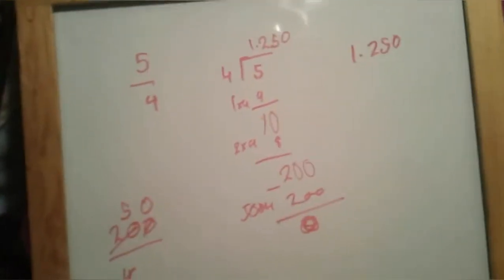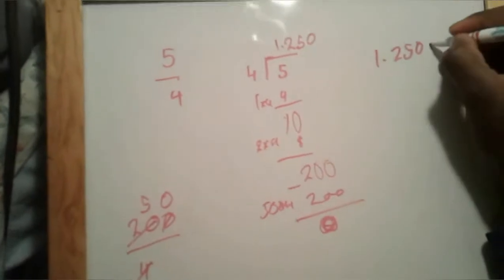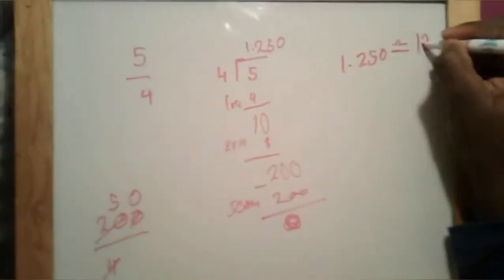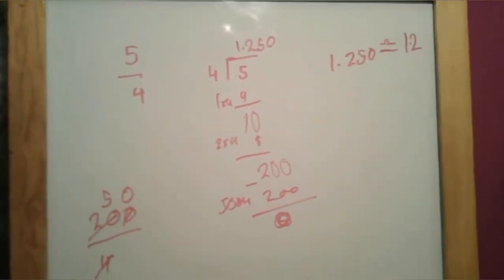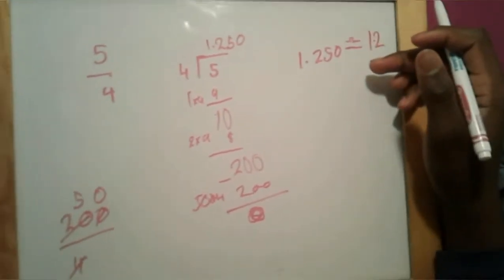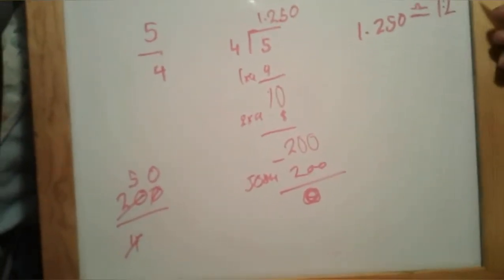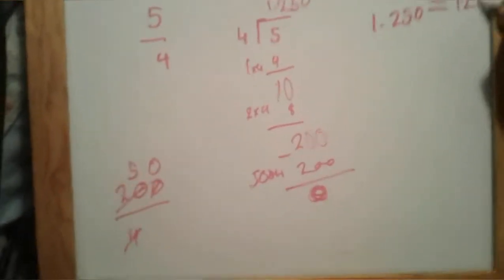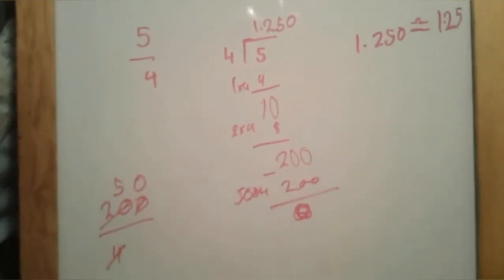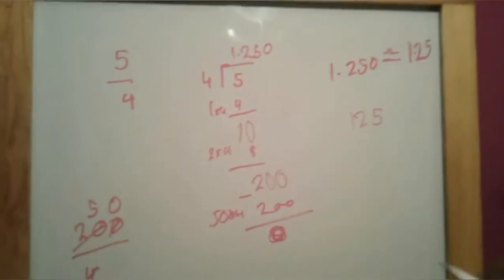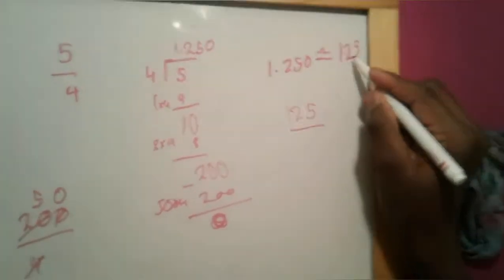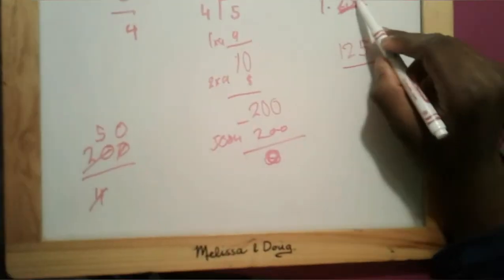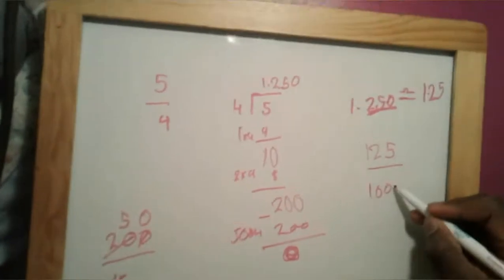I'll bring a video about how to round up numbers, and just click the little bell to be notified when I post it. And it will be 1.25. If you change this, how many place values are there? 3, so it will be 1000.